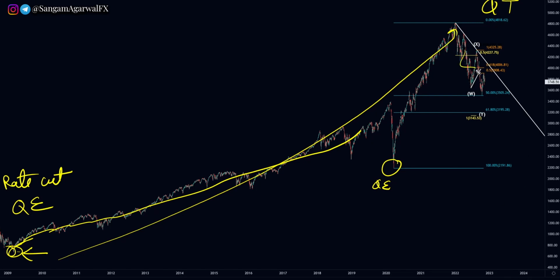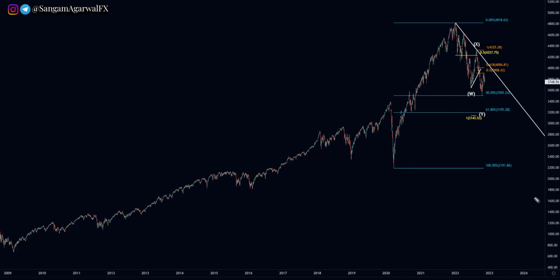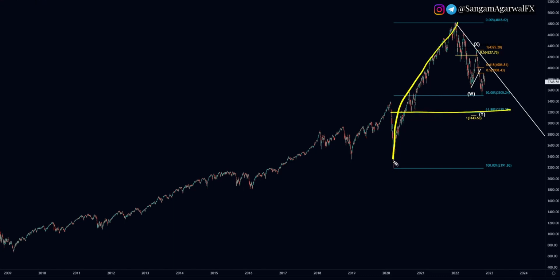So this bearish stock market will not stop until the Fed starts QE once again. And before that there will be a rate cut, which will take several months, and the Fed will not do a rate cut until this stock market crashes again. So this 61% retracement level for this last bullish wave is our first key support level.